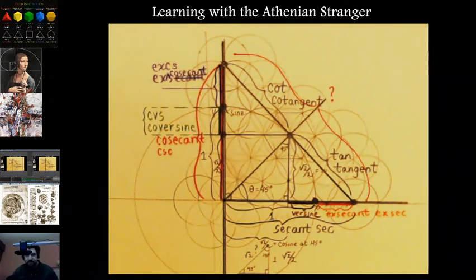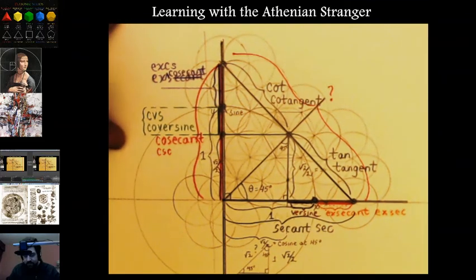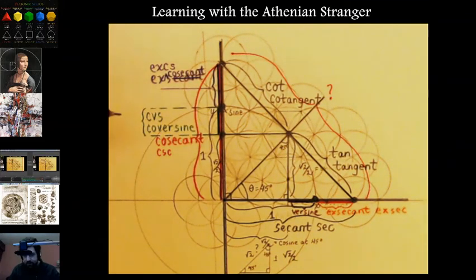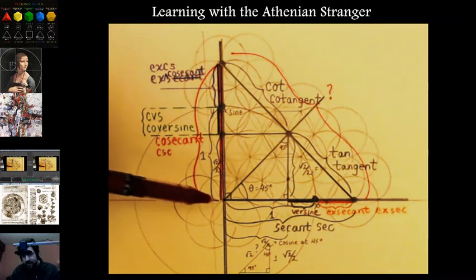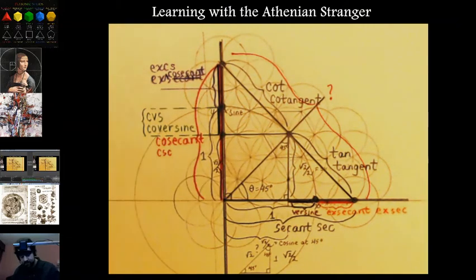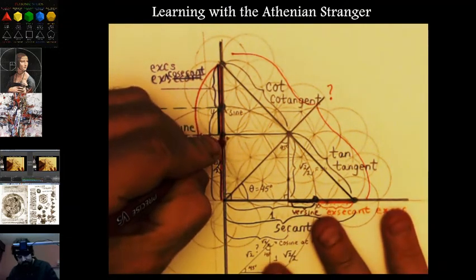I think this is a much clearer way of learning all of these trig functions than just memorizing the arithmetic relationships. For example, I don't need to be a genius to know that if I want to find the cosecant, I can add sine, which is here.